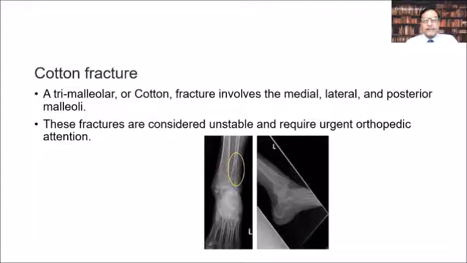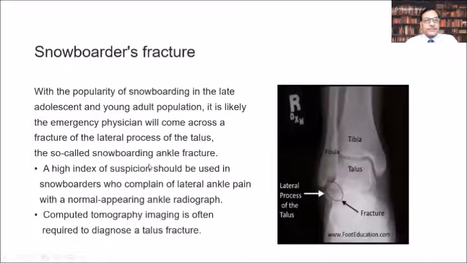It is actually trimalleolar. The name trimalleolar looks funny because there are only two malleoli, there is no third. But when the fracture involves the posterior part of the articular surface of the tibia, it is seen like a posterior malleolus. And then we say there is a trimalleolar fracture.